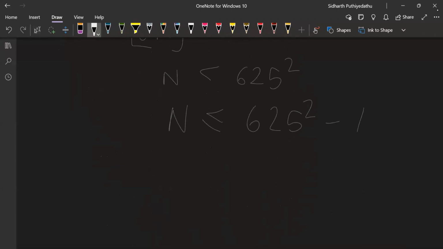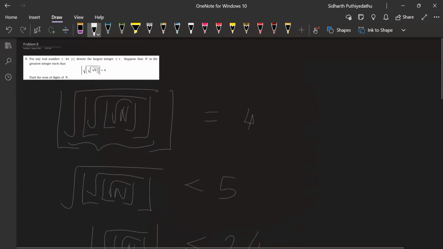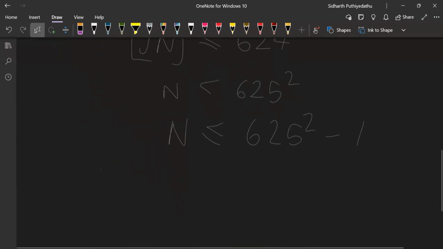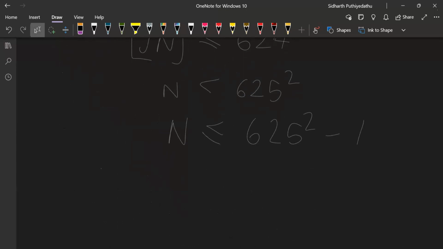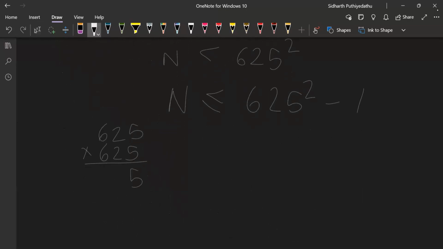And now we're calculating this, and once we calculate, we just have to get the sum of the digits. It's just answer extraction. And because the multiplication is hard, I multiply.